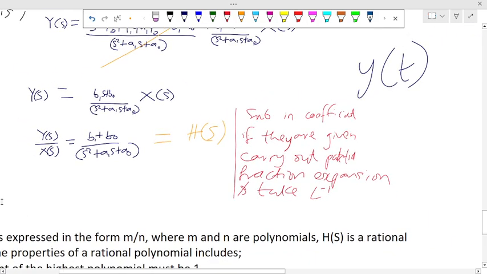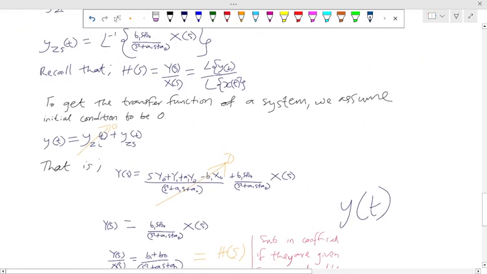When I say coefficients, I mean these: what is a1, what is a0, what is b1? They are real numbers, but in this case we just use letters. So we are not going to continue the solving. But if we have the coefficients, we substitute them in, carry out partial fraction expansion, then take the inverse Laplace. That's all, and we'll get y(t).